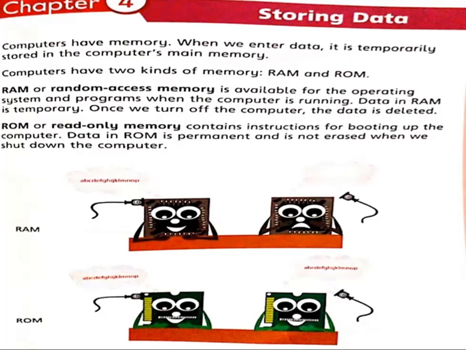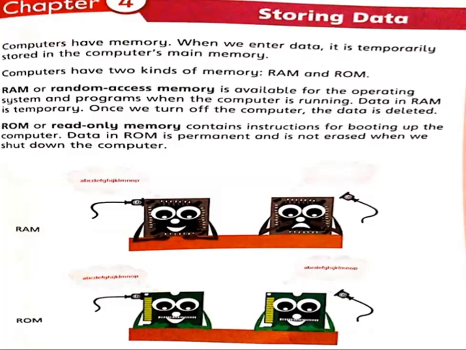The next one is ROM. ROM stands for read only memory. ROM contains instruction for booting of the computer. Data in ROM is permanent and is not erased when we shut down the computer or turn off the computer. So the computers have two memories.